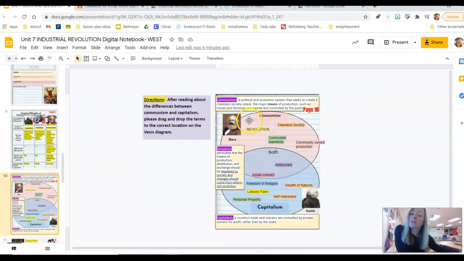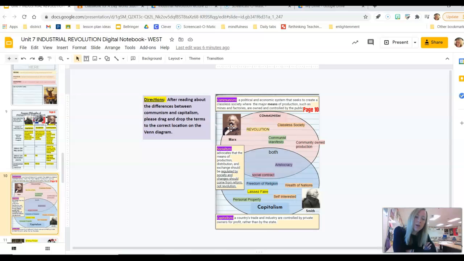Remember, Karl Marx's whole idea was that the lower working class factory workers, he called them the proletariat, needed to rise up and overthrow the middle class bourgeoisie, the factory owners, then take control of the means of production, divide them up and control them evenly among the people, and create a classless society.